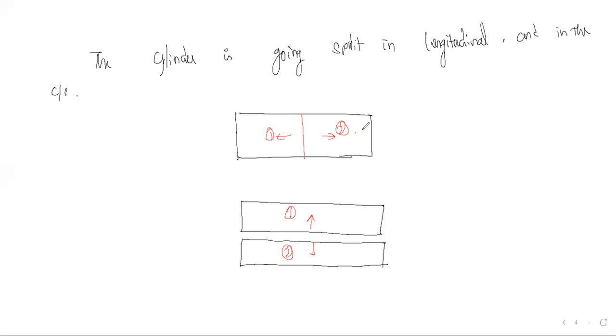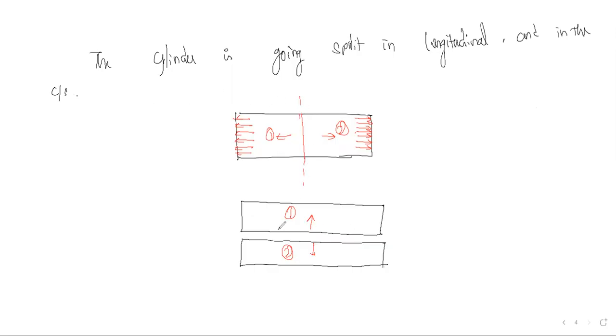So from the diagram itself, we understood that if the internal pressure is acting along the longitudinal direction, then it can have the failure. The pressure is going to act in the cylinder in the horizontal form, at the surface, and then it is going to get the failure along the cross section.